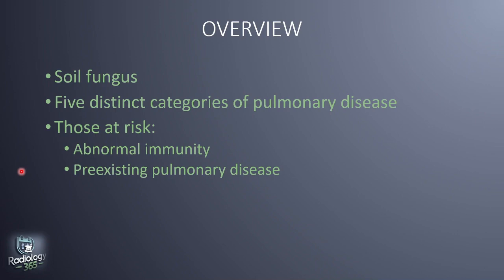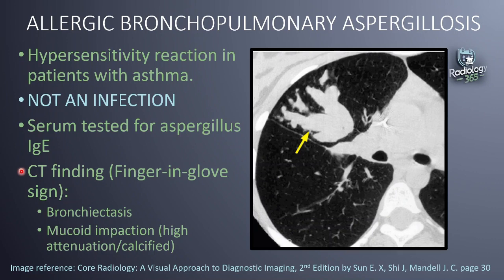So the first category we'll talk about is allergic bronchopulmonary aspergillosis, and this is a hypersensitivity reaction. That means it's an allergic reaction to the Aspergillus fungus, and it's commonly seen in patients who have long-standing asthma. So that is to say that allergic bronchopulmonary aspergillosis is not an infection.